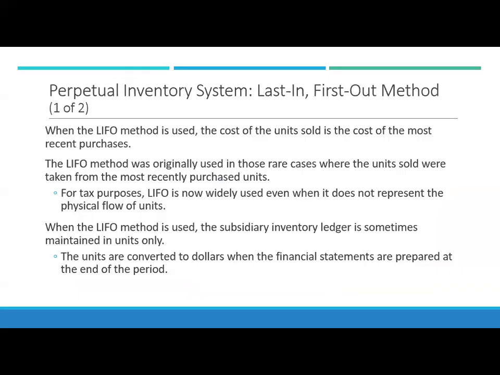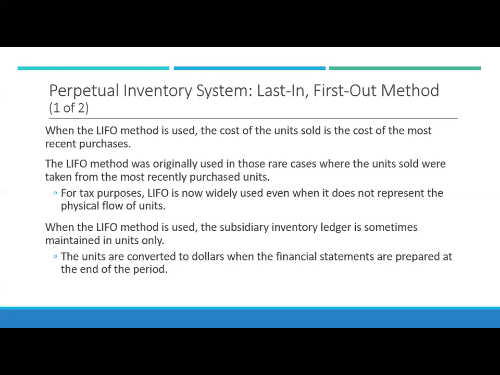So under LIFO, the LIFO method was originally used in the rare cases where the units sold were actually taken from the most recently purchased units. However, LIFO is now widely used even when it does not represent the physical flow of goods.